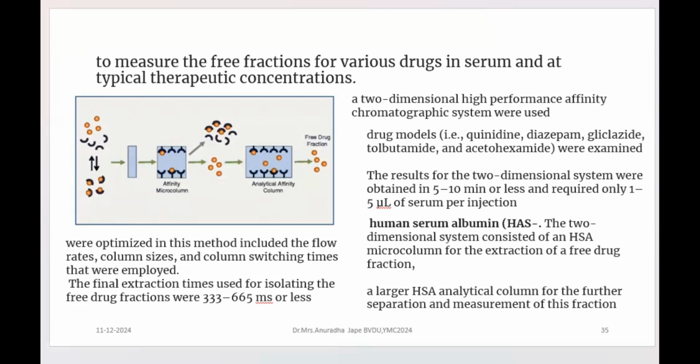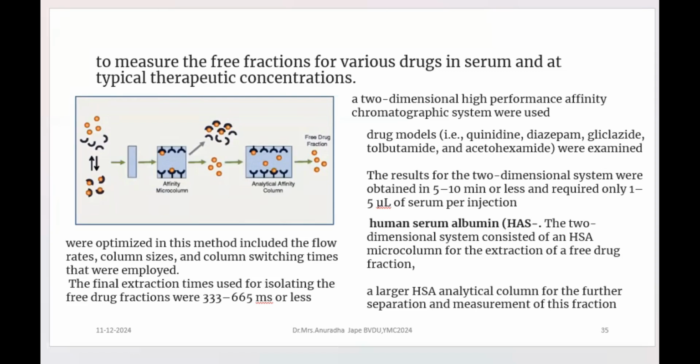Now when it comes to measuring the free fractions of various drugs in serum, say therapeutic applications. Again, a new one we are talking about here. If a drug or medicine is given to an animal or a patient, a human organism, then what amount of that drug remains in the blood circulation or particular tissue fluid, that is to be analyzed, and kinetics can be measured or studied for that drug.